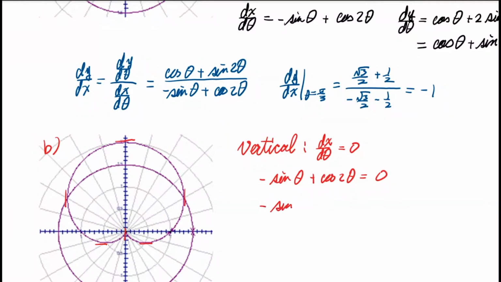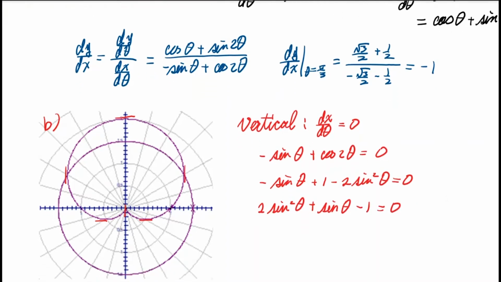So negative sine theta, and this is 1 minus 2 sine squared theta. Rearrange, multiply negative 1 on both sides, so we have 2 sine squared theta plus sine theta minus 1 is equal to 0. Factor: 2 sine theta minus 1, sine theta plus 1.